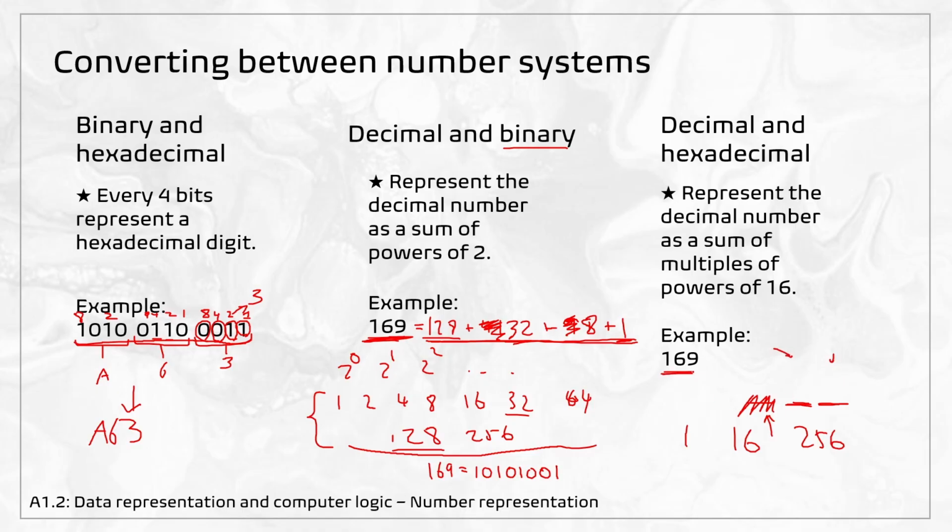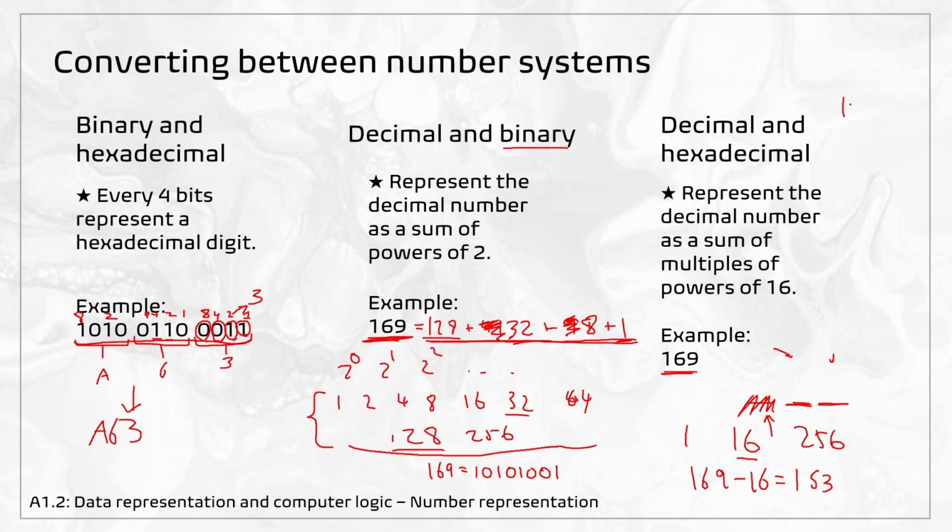So of course 169 goes into 16, but then 169 minus 16 will just give us 153, which is still too big. So this is why we need to represent the number as a sum of the multiples of powers of 16. So what are the multiples of 16? What I mean by that is, what is 16 times 1? I'm basically asking for the 16 times table.